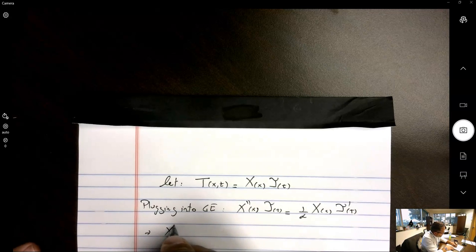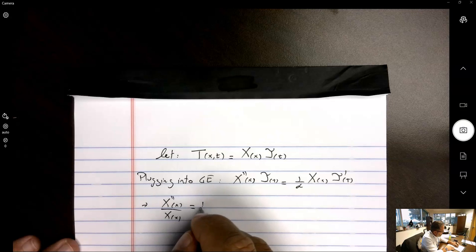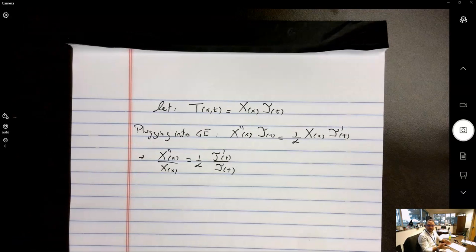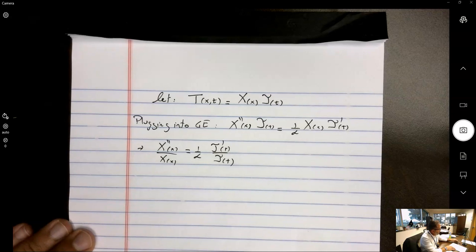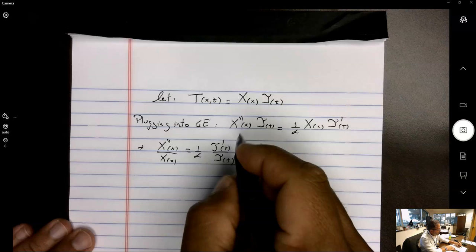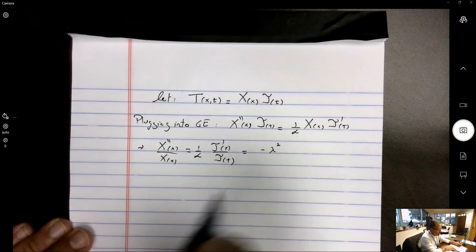And X double prime of x divided by X of x is equal to 1 over alpha tau prime of t divided by tau of t. Now we use the same argument as we've used before in separation of variables. The left-hand side is a function of x, the right-hand side is a function of t, and the only way that this could be true is if they're both equal to a constant.